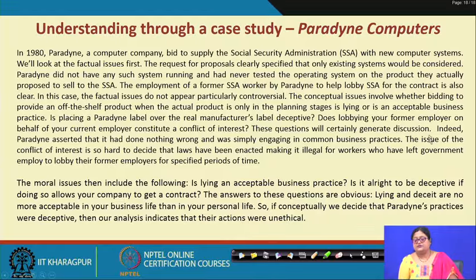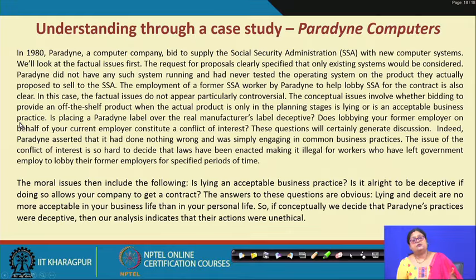So the conceptual issues involved whether providing an off-the-shelf product when the actual product is in the planning stage is lying, because at the factual stage it is told only existing systems would be considered, but Paradigm did not have any such system running.